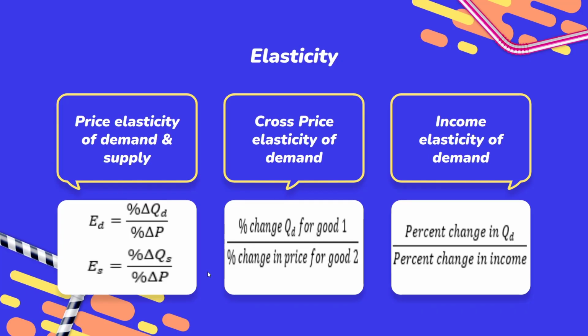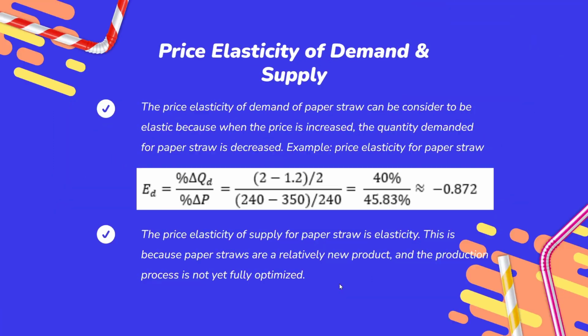The next part I will talk about is elasticity. It comprises elasticity of demand and supply, cross elasticity of demand, and income elasticity of demand. The price elasticity of demand and supply. The price elasticity of demand of paper straw can be considered elastic because when the price increases, the quantity demanded for paper straw will decrease.